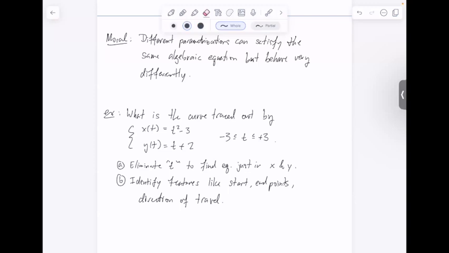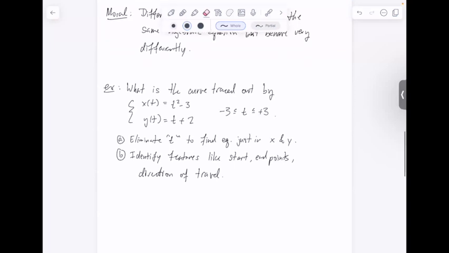Right, so let's try and go over this example. In this particular case, you have a linear y is equal to t plus 2, so this seems easier to express. You want to eliminate t, so maybe we could substitute t with y instead. First we observe that y is equal to t plus 2.